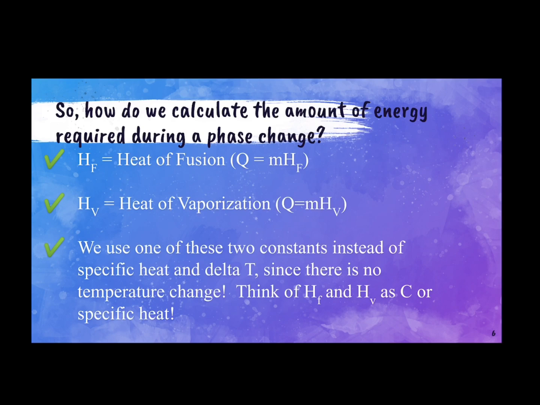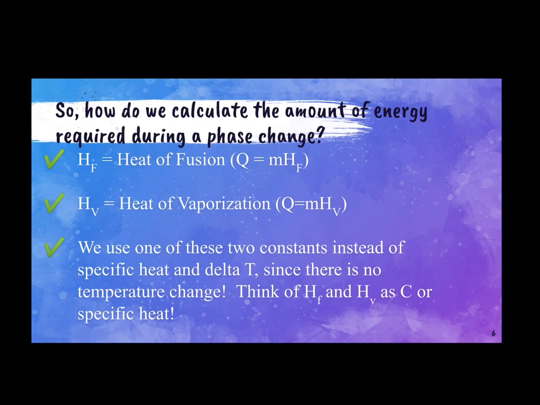So how do we calculate the amount of energy required during a phase change? Well, there's a couple different things you need to know. We have HF, which is the heat of fusion. So Q, energy, is mass times HF. And then we have HV, which is heat of vaporization. And again, Q equals mass times the heat of vaporization.